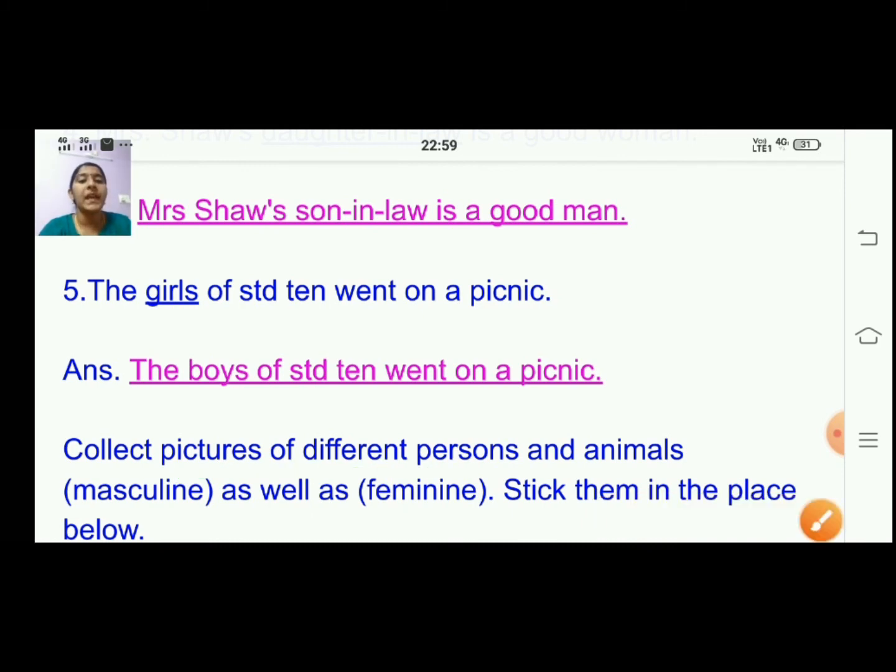Stick them in the places below. It will be in your book, this page. You will have a space to stick photos. Boxes will be there. You have to paste male pictures as well as female pictures there, right? Stick them on the book. If you have the book, you just collect the pictures and paste them. Masculine and feminine gender pictures. Okay, children.